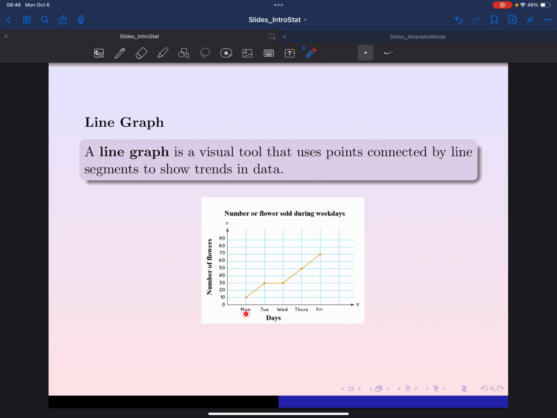On Monday, 10 flowers were sold. On Tuesday, the store sold 30 flowers. On Wednesday, the same 30 flowers were sold, and so on. So we have the points of data, and then we connect them with a straight line. Let's call it the line graph.